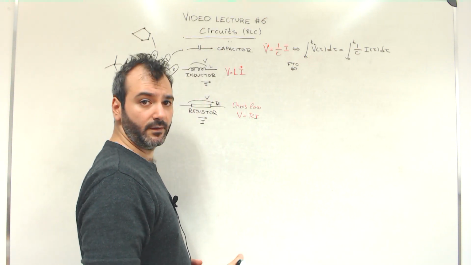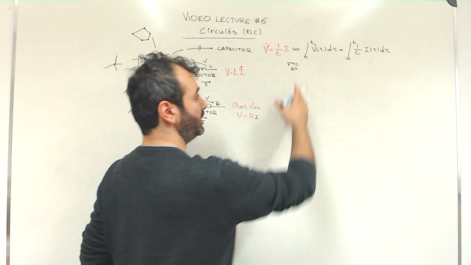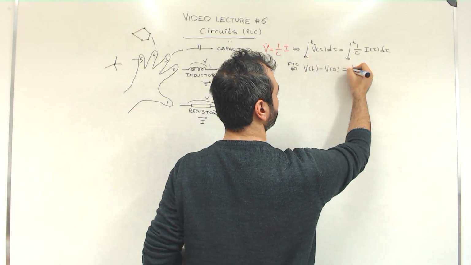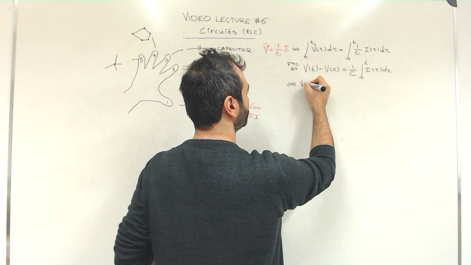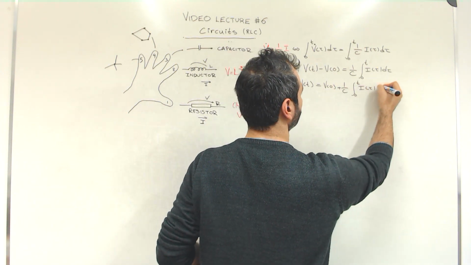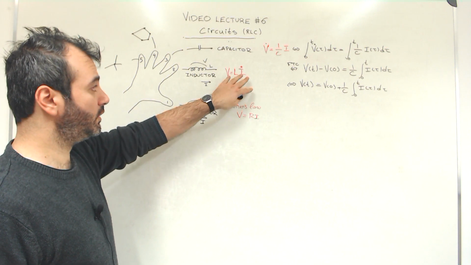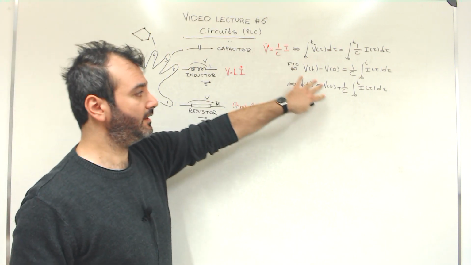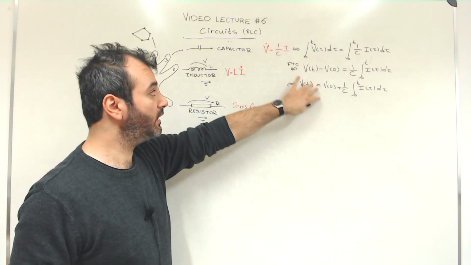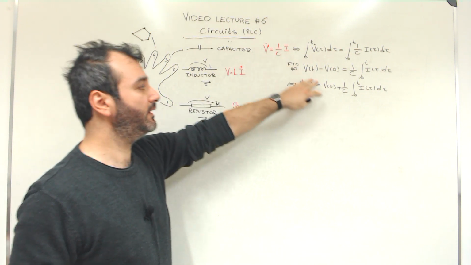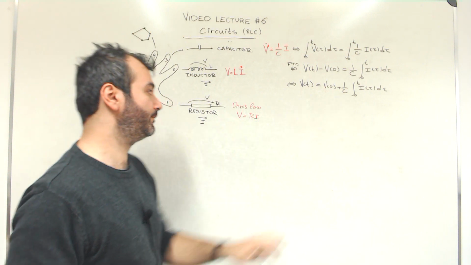We know from the fundamental theorem of calculus that this first integral is equal to... So these are the 3 basic equations: Ohm's law, this equation, and these 2 equations, which are exactly the same. This is in differential form, this is in integral form.